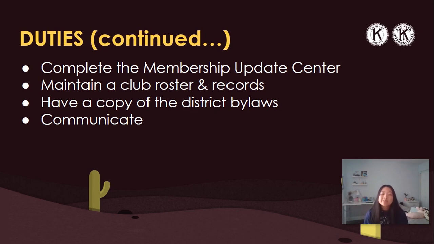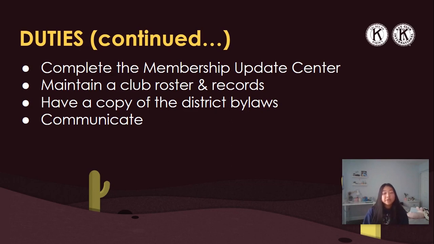But anyway, the MUC is a website that allows your club to keep track of your up-to-date paid members. So each year, members have to pay dues, usually in early October. And when they pay their dues as well as submit their membership application, that's when the secretary has to input their information into the MUC to officially record them as a paid member.